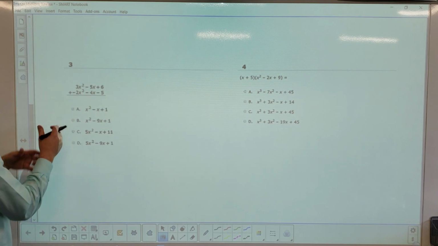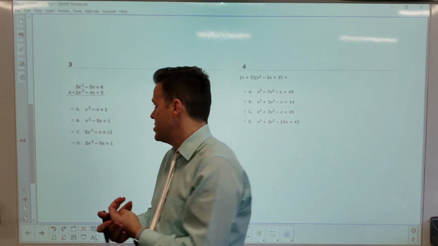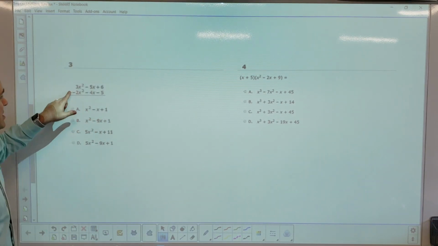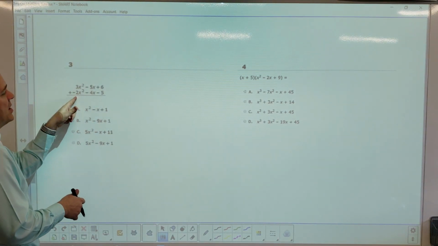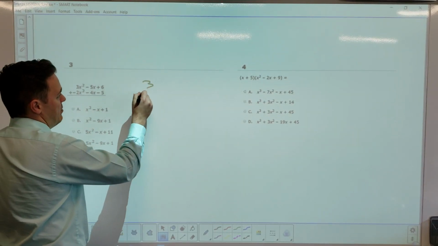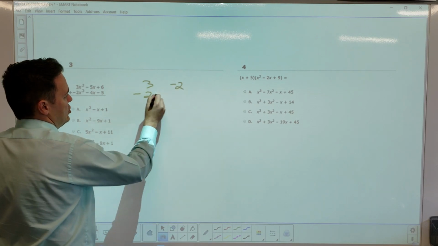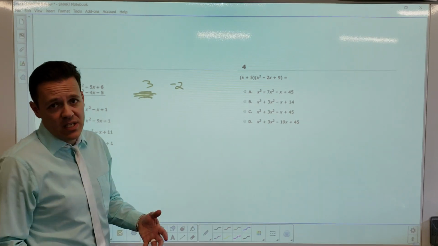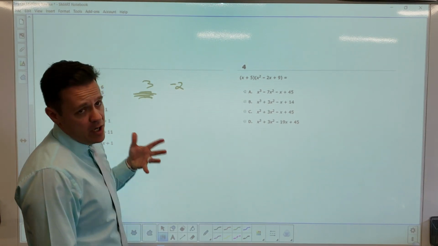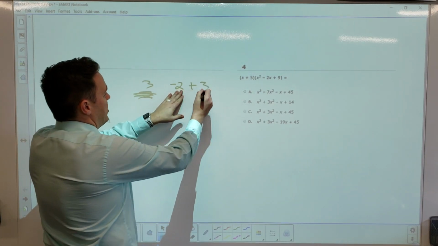Adding. So these are just combining. As we had talked about before about combining like terms, okay? You guys don't look at this and say, oh, I'm adding two of these numbers together. No, you're not. Okay, it's a 3 minus and a negative 2. So if you have a 3 and a negative 2, how are you putting those together? Are you adding them or are you subtracting them? Well, this is the same thing as if I write plus 3.